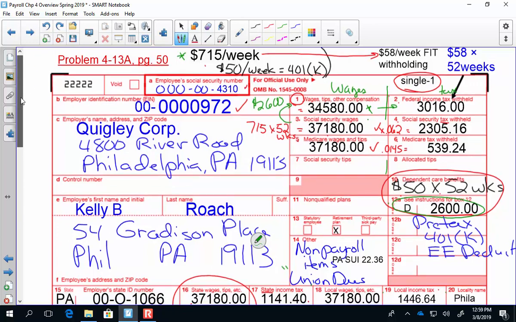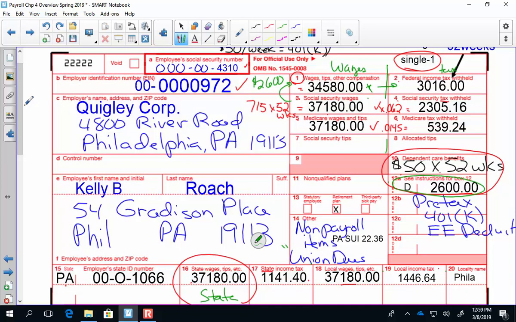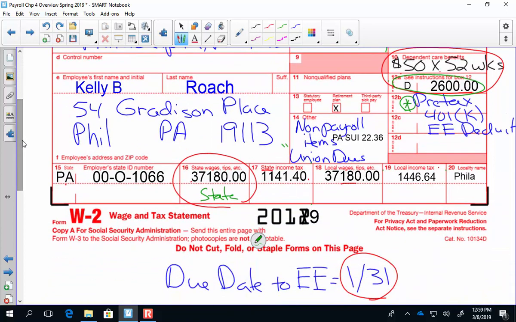And be careful with your problems. When we have a 401k or a simple IRA, those are pre-tax deductions that only reduce the taxability of federal income tax. Also know that in this particular case, we have state information, which is in box 16.